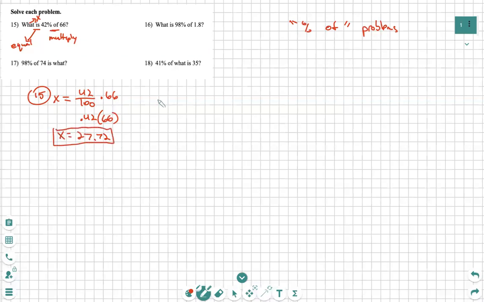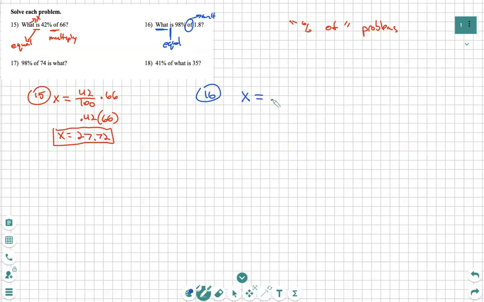Let's keep on going. 16. What is 98% of 1.8? Again, we have the same thing. We have what and is, which we know is our equal, which will separate. So we have what, which is our x, we don't know what it is. So x equals 98% of, which we know means multiply.